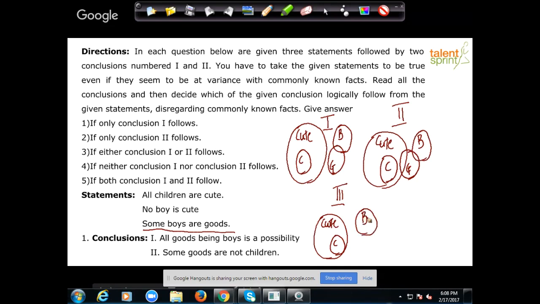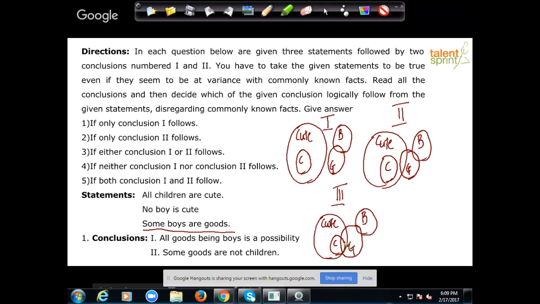Boys, do not take offense. We know some of you are really cute, rather most of you are cute. This is just a statement for a syllogism, so take it with a little pinch of salt. Okay, the next one being some boys are goods. Now here an overlapping may happen where goods is a part of all: boys, cute and children.